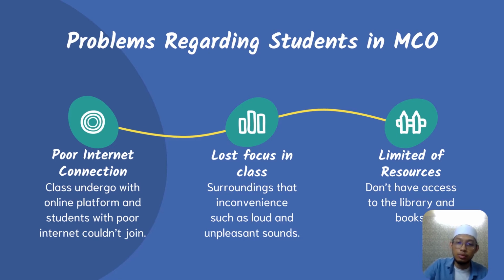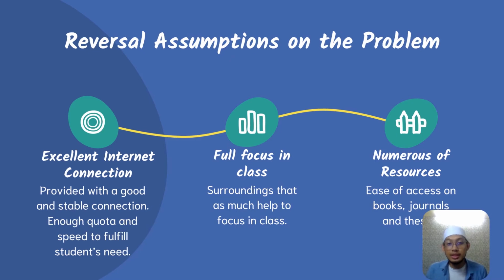So okay, we move on to the second step, that is to reverse the assumptions that we made in the first step. In the first step, we stated that the student had a poor internet connection, right? So in this step, we reverse the assumption and turn it into the student having an excellent internet connection.